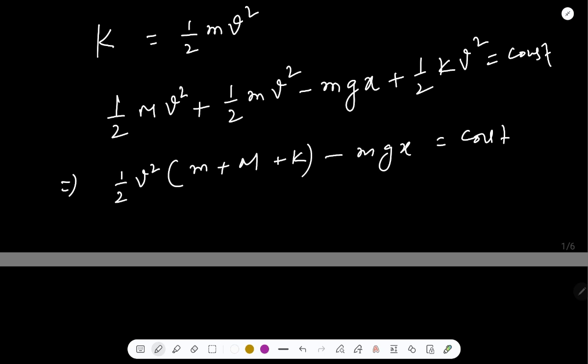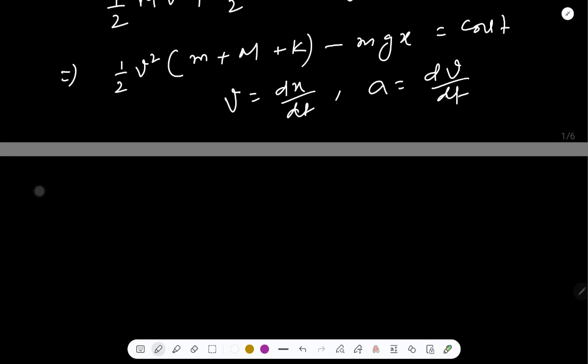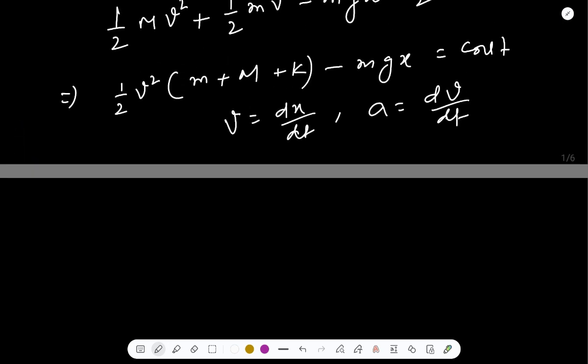And now we can do one thing. We can use the fact that velocity of the block v is simply dx by dt, and the acceleration of the block is dv by dt. So we need to differentiate this thing with respect to time, and we can do this easily.